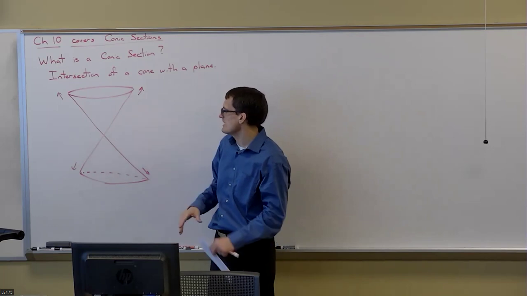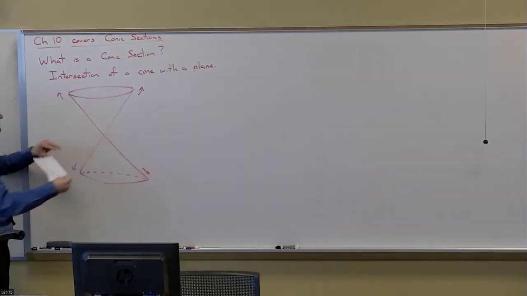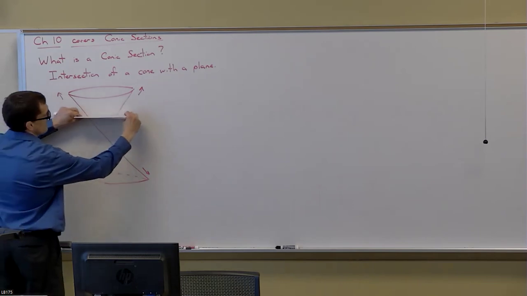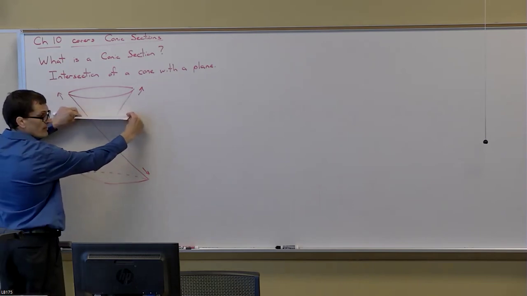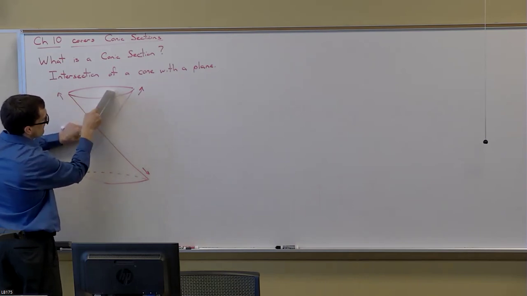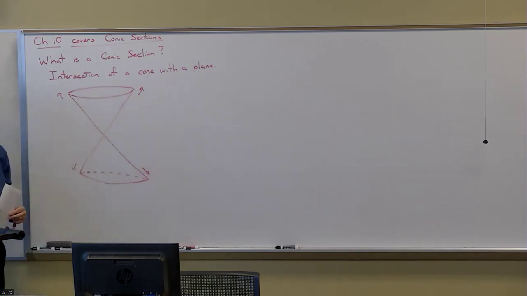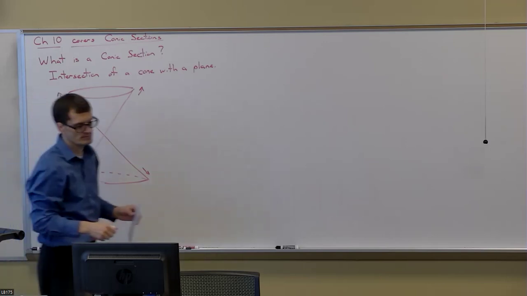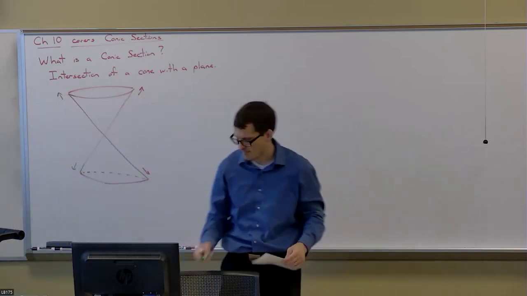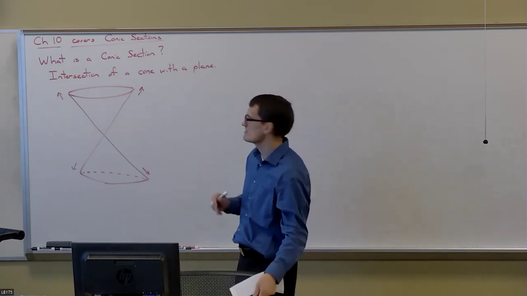What's more interesting is when we slice it away from this point. So if I take it and I slice here, or if I slice here, or if I slice here, or if I slice here, okay? I'll do some different, quote, slicing.